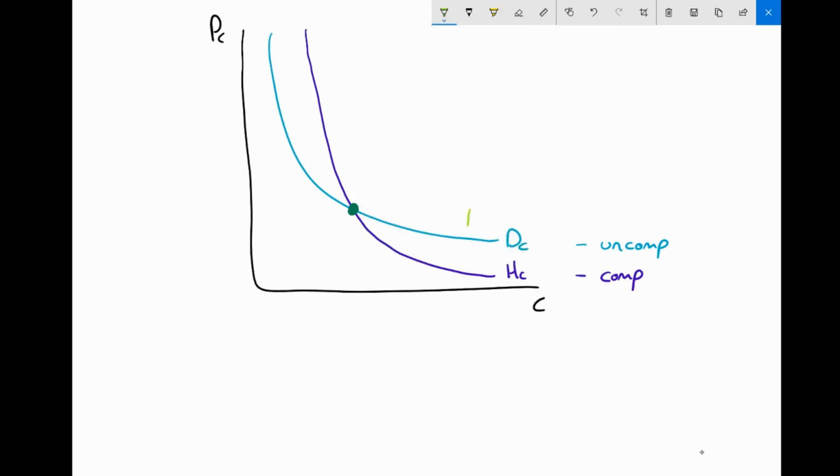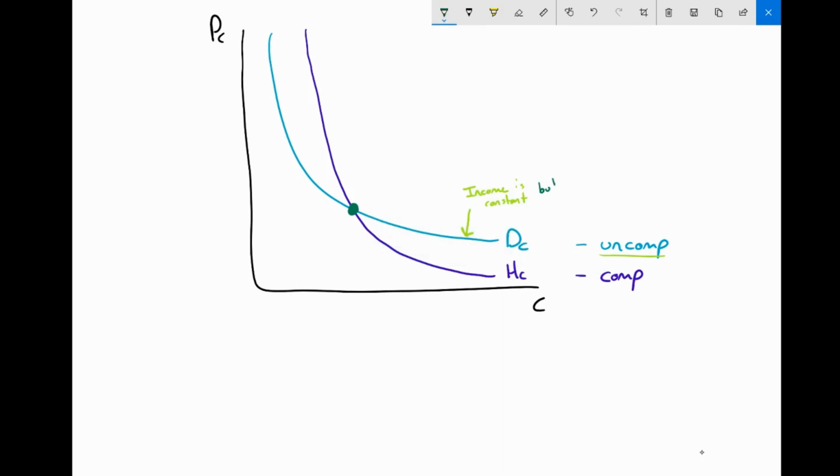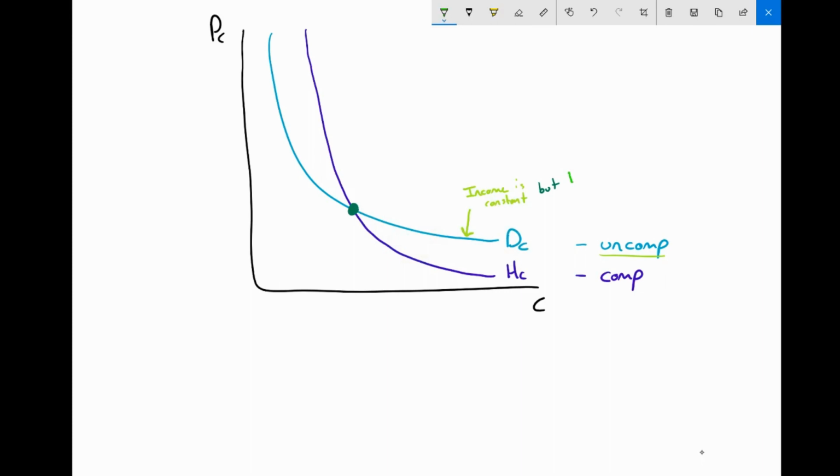at every point on the uncompensated demand curve, income is constant. Income is constant, but the utility that the agent achieves at any point on this demand curve may be different.